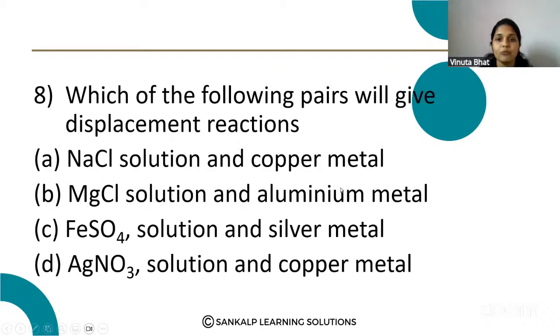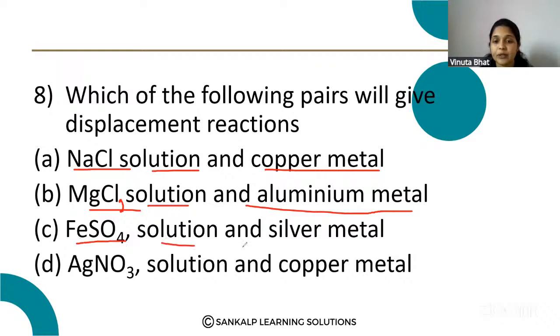Next question. Which of the following pairs will give the displacement reaction? Sodium chloride solution and copper metal, magnesium chloride MgCl2 solution and aluminium metal, ferrous sulfate solution and silver metal, AgNO3 solution and copper metal.